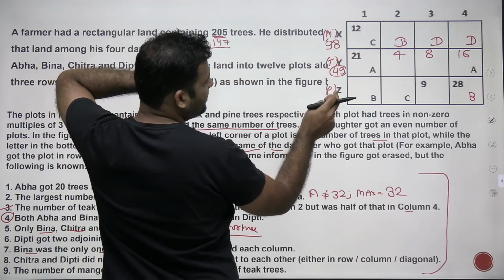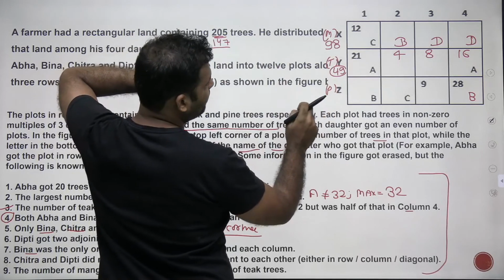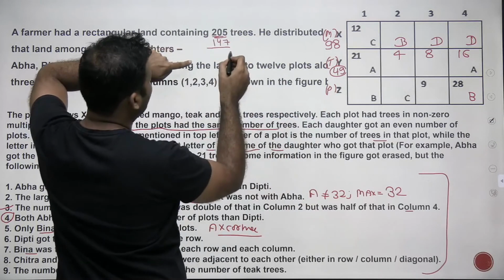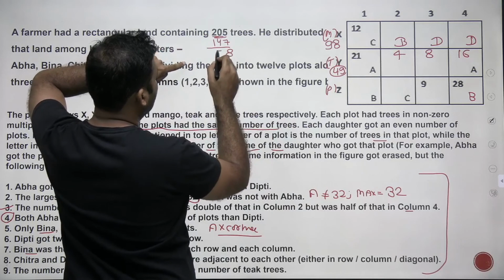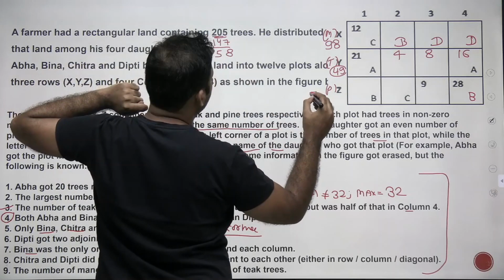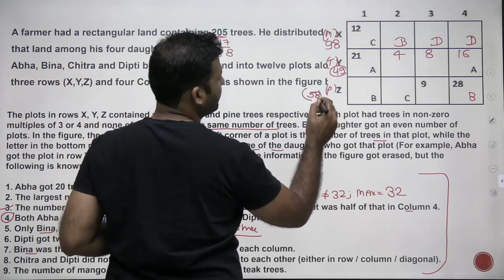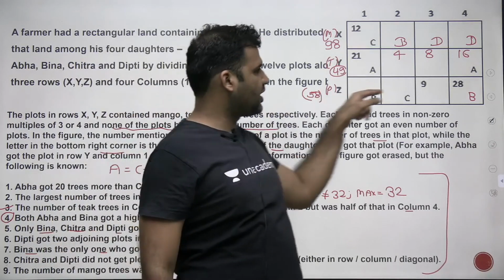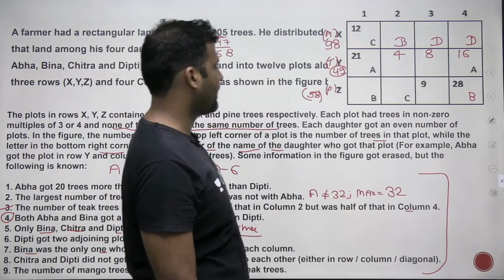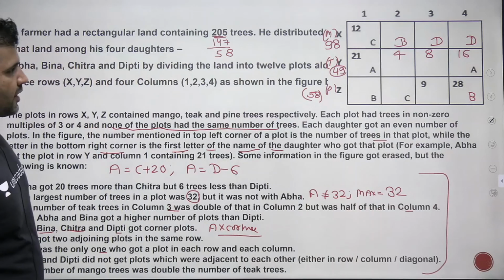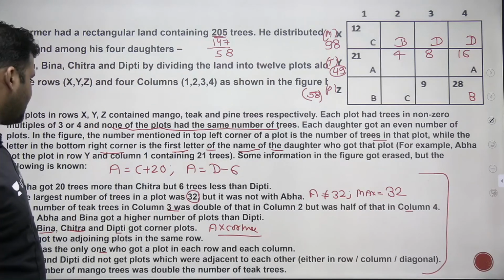So the number of plots left for the Z row, which are the pine trees, will be 15 minus 7, 8, 9 minus 4, 5. This number of plots will definitely be 58. The number of plots in this particular row will be 58. Okay. All right. So that's the information that we have.